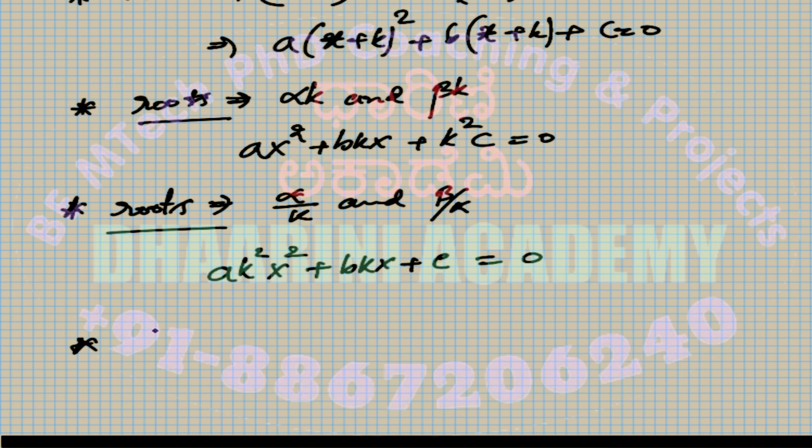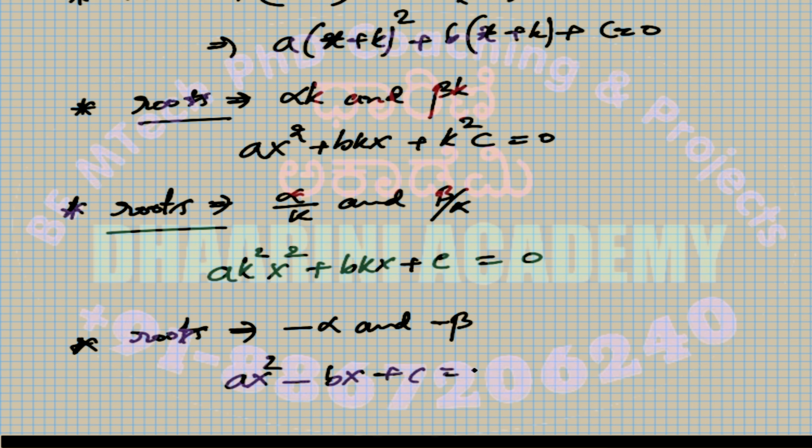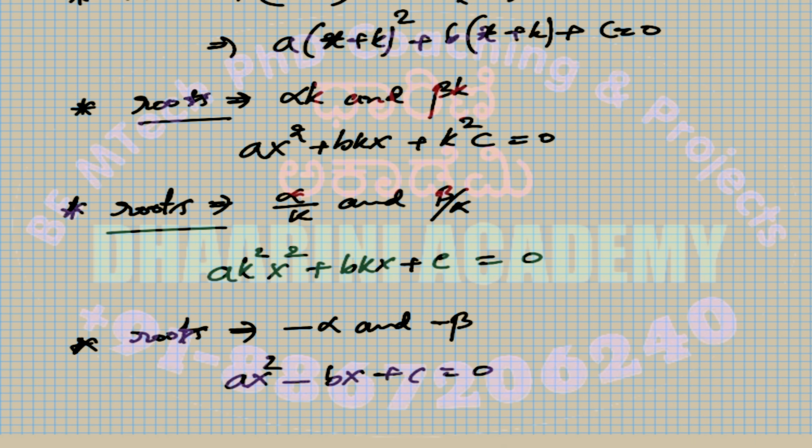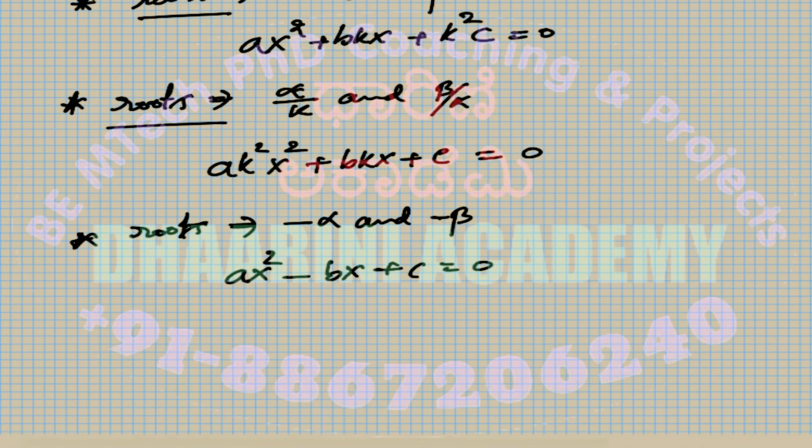If you want to change the roots as minus alpha and minus beta, then the equation changes to ax square minus bx plus c equal to 0. Only the sign of the root changes to minus of the original.